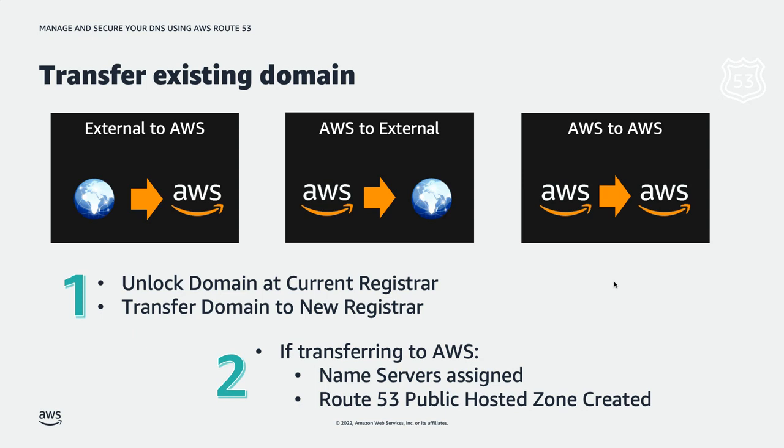My registrar, who I'm actually paying money to, will still be Namecheap, but my DNS hosting will be on AWS and managed by Route 53. So those are two different components.